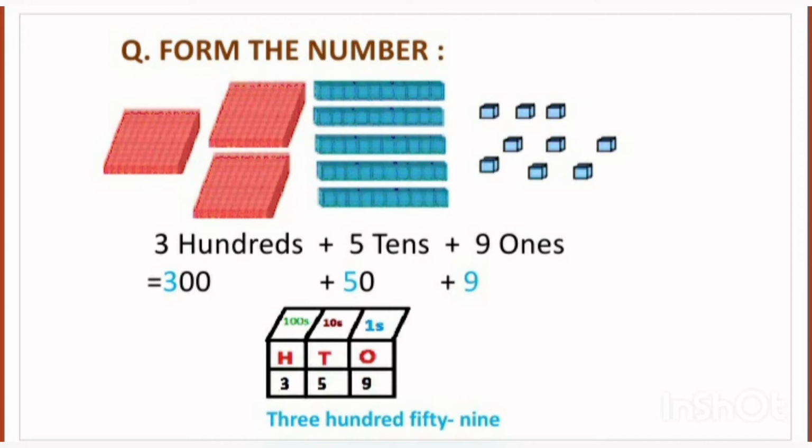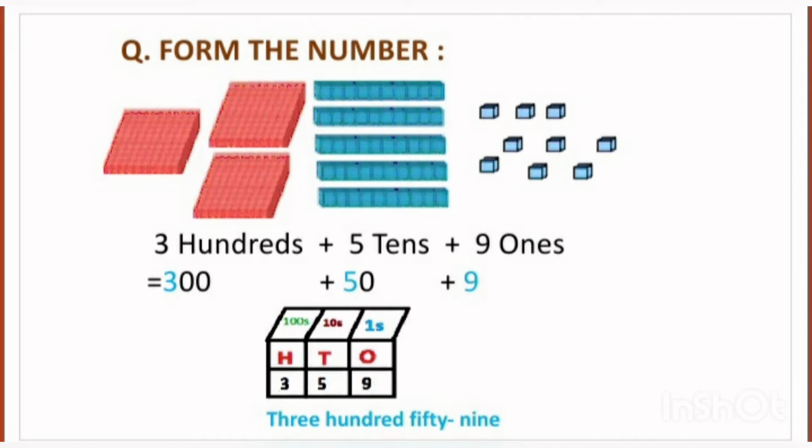Now when you build a number, first step is that you have to write the places, and when you start moving from right to left, you write ones, tens and hundreds. In ones, how many units are given? 9 units, or 9 ones, are given. So in ones place 9 is written.